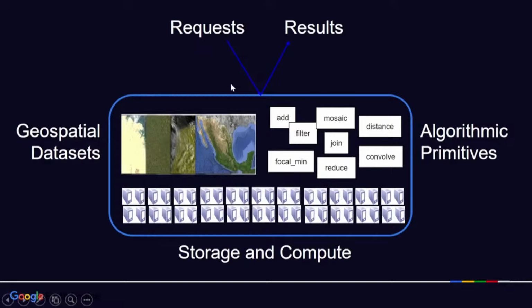With some basic APIs, we can access the data and apply algorithmic primitives like convolve, distance, add, filter, focal mean, focal. Whatever algorithmic primitives are there, we can apply to this data and get back the result interactively.